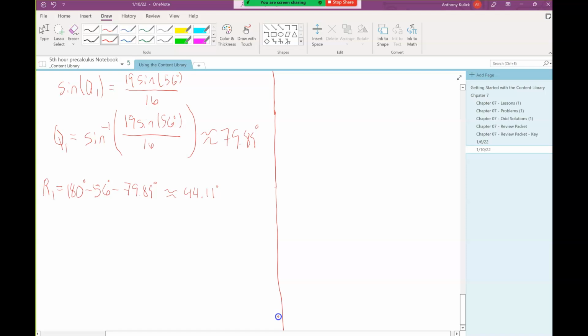And now that I know angle R, I can use the law of sines to solve for side R. So again, I'll do sine P over P equals sine R1 over R1. And we'll again cross multiply and solve this just like we have all the other ones.